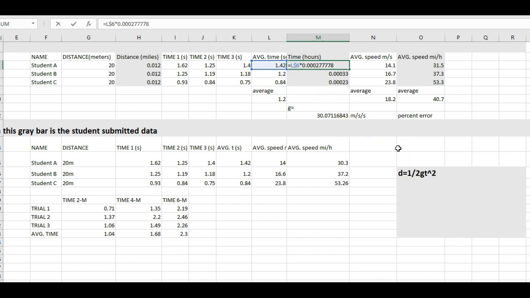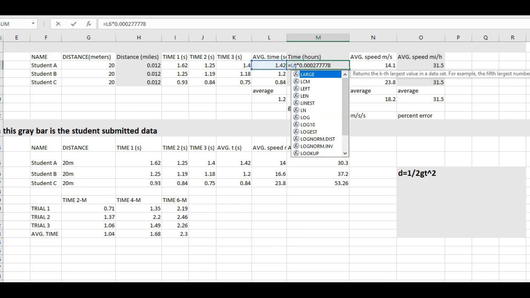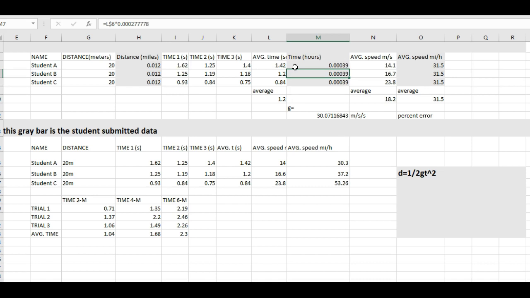L$6. Now look what happens. You drag it down, and L6 stays constant. Whereas before we actually want it to take L7 and L8 when we get to those rows. So I fixed it.